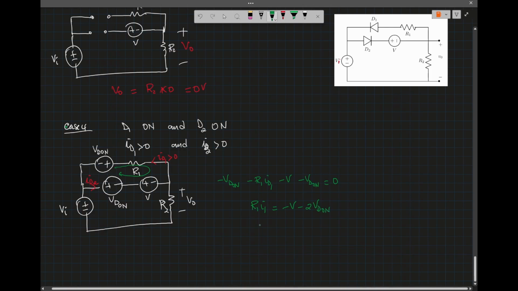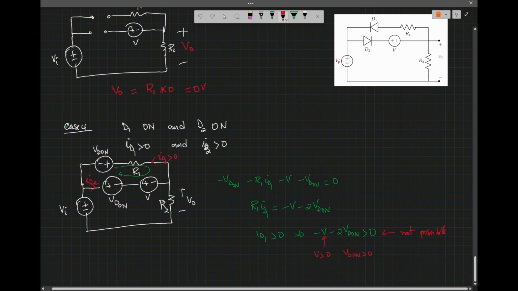Okay, so ID1 positive means that negative 2 VD on is positive, which is not possible because V is positive, and VD on is positive, so that's not possible.